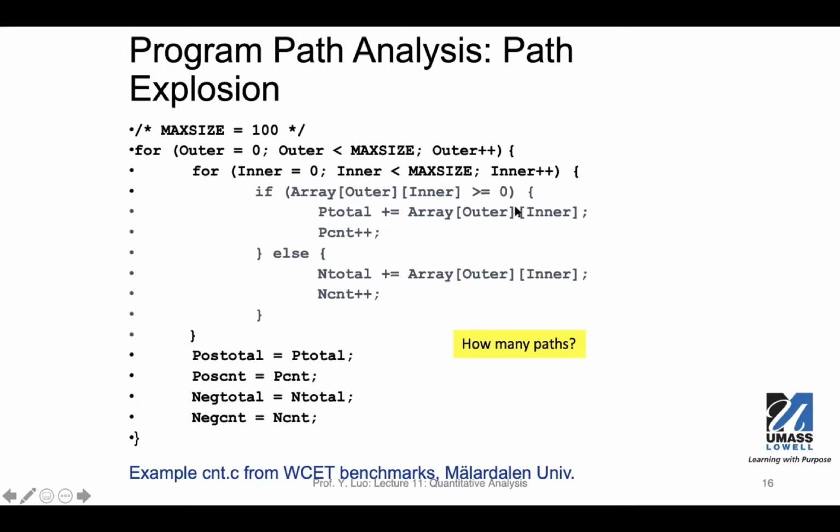Or if we think about this as a basic block, that means we can either execute this basic block or this basic block, not both. So if we think further, because we know the number of iterations, what will be the number of possible paths? How do we calculate that?